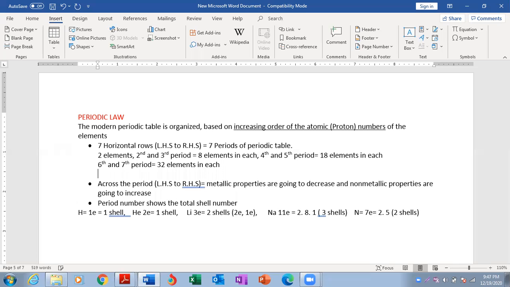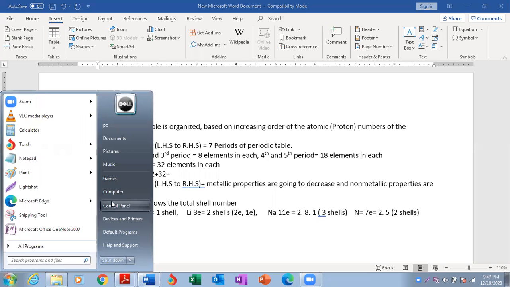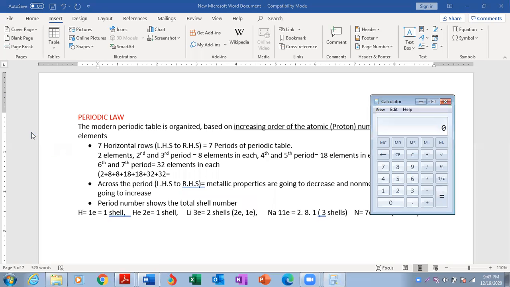So now I'm just going to make the total. 2 in the first, then 8 and 8, then plus 18, plus 18, plus 32, plus 32. Open your calculator here. 2 plus 8 is 10, and 10 plus 8 is 18.